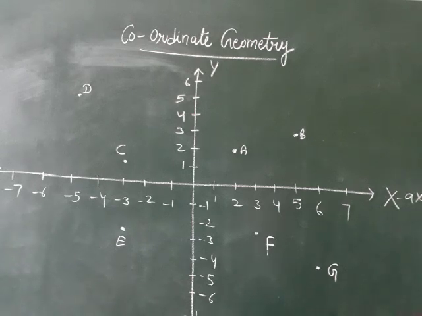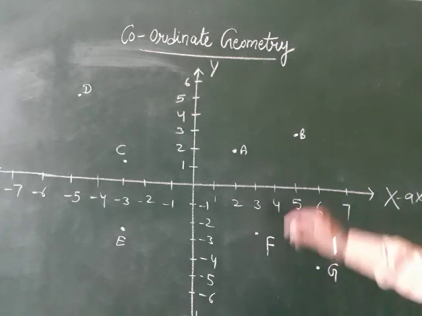Then we learned how to plot coordinates on xy plane, and we learned the standard form of coordinates. How can we write coordinates? Your first value is of x, second value represents the value of y. They are separated by comma, and within small brackets, when we enclose them, that will represent a coordinate.